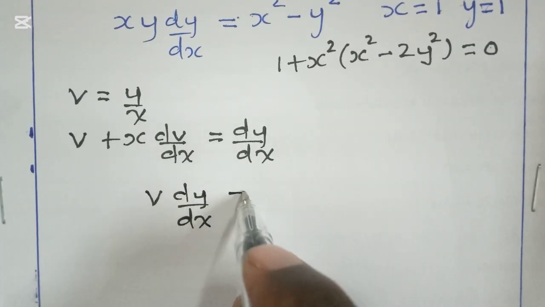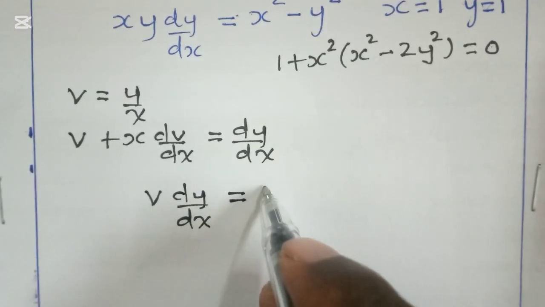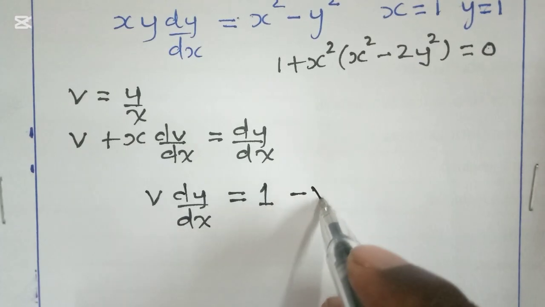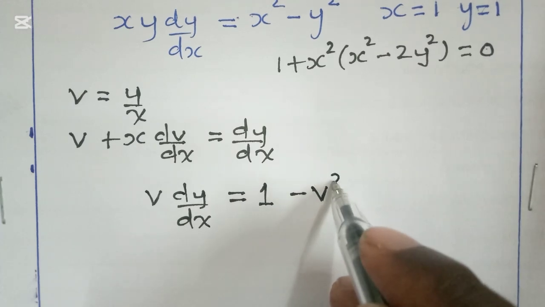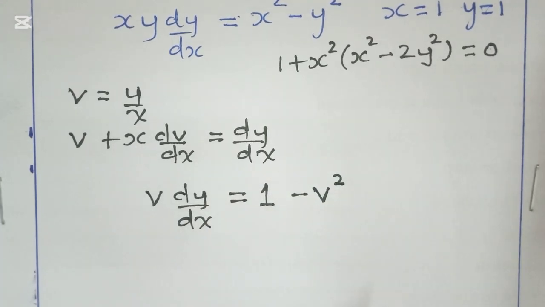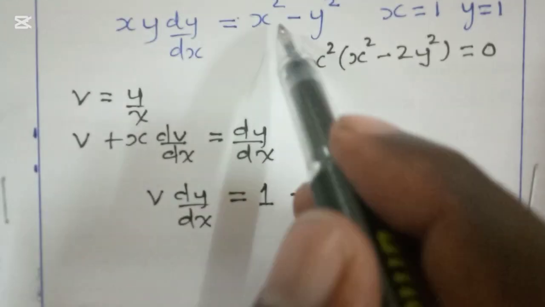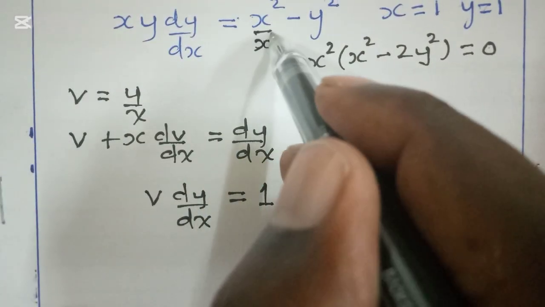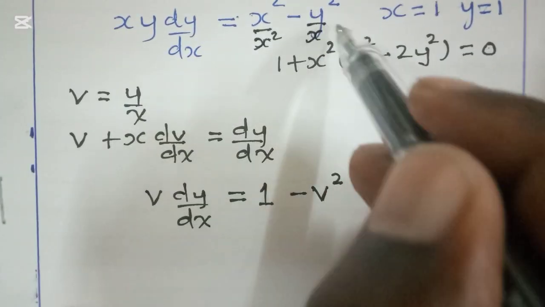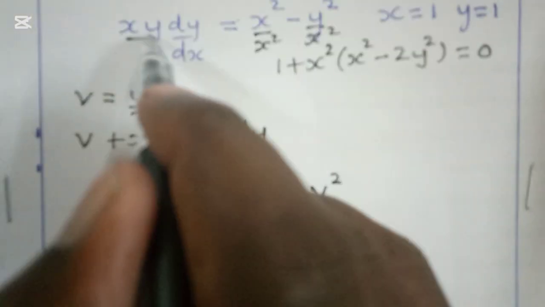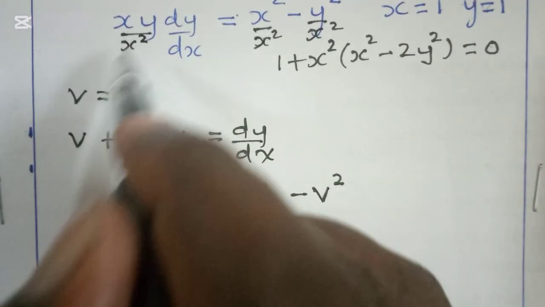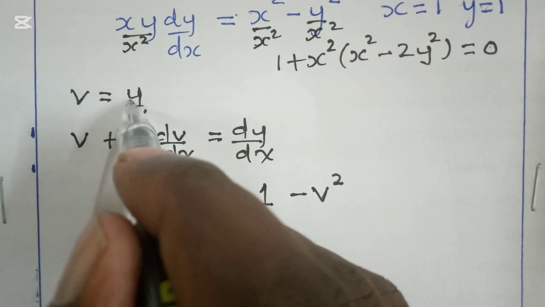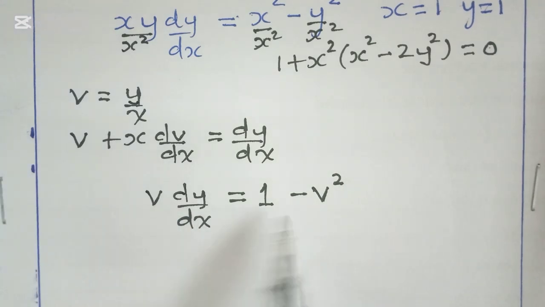This is equal to, this now becomes 1, and this one is going to be v squared. Here I divide by x squared, and here I divide by x squared. Using this substitution, we are going to have something like that.